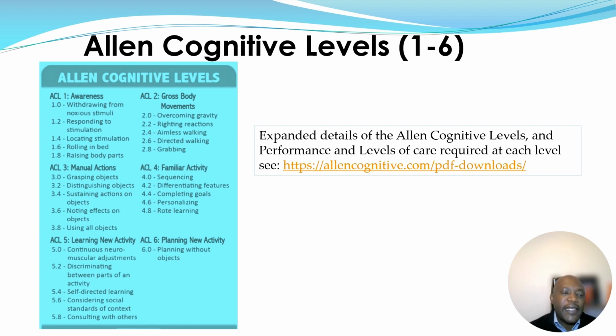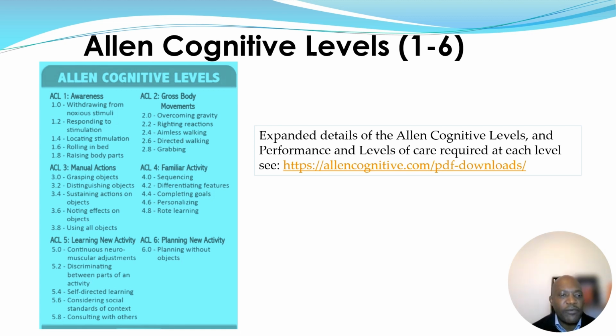So here are the Allen cognitive levels, level 1 to 6. Level 1 is focusing on awareness and is broken down from 1.0 to 1.8, as you can see, with different abilities measured there. Level 2 is about the gross motor movements, scored from 2.0 to 2.8. Level 3 is about manual actions, also graded from 3.0 to 3.8.